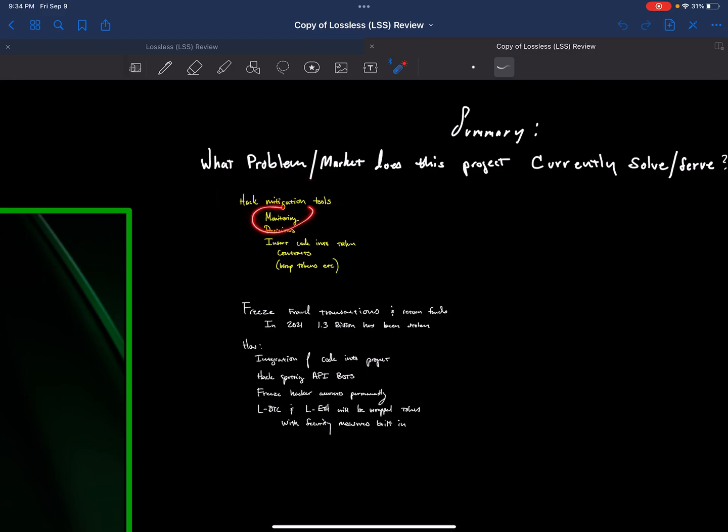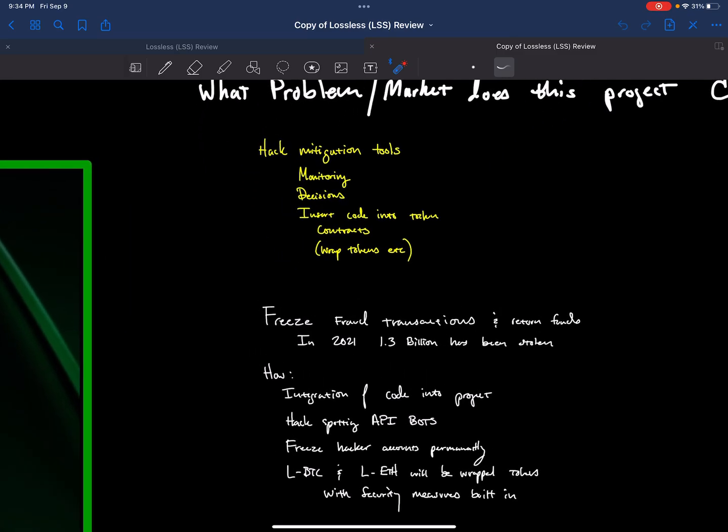They use monitoring, artificial intelligence. You can imagine that there'd be many different ways that they can build analytical toolkits, wrapped tokens, APIs, etc., that can help mitigate the damages felt by hacks, which are very common in the crypto space, and I expect them to continue to be a persistent thing.